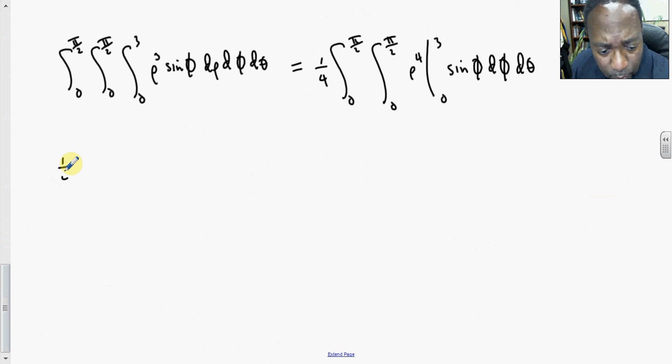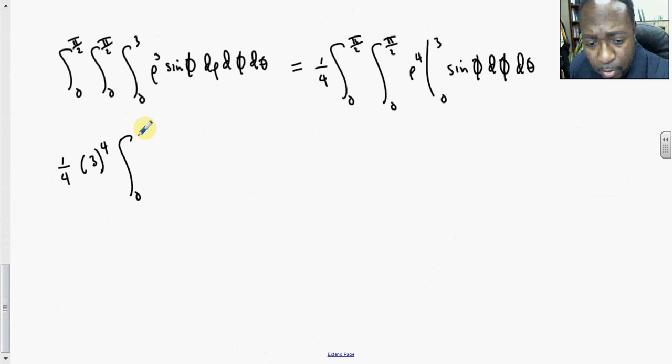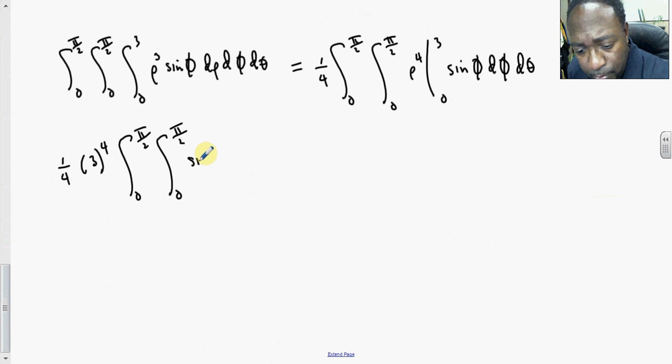So we have 1/4 here times 3 to the 4th, rho evaluated at 3, times the integral from 0 to pi over 2, the integral from 0 to pi over 2, sine phi d theta.